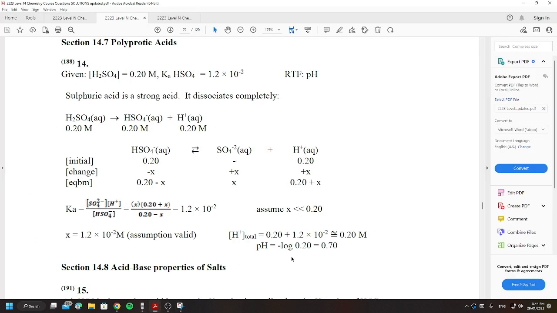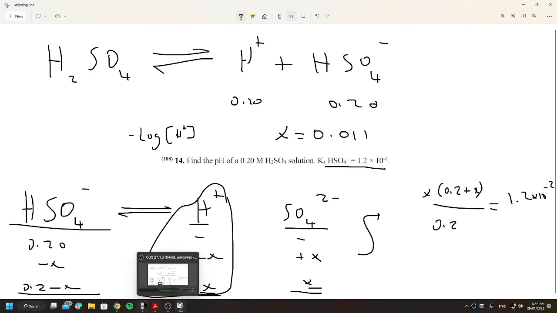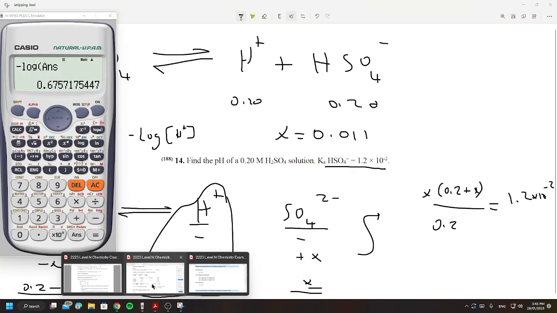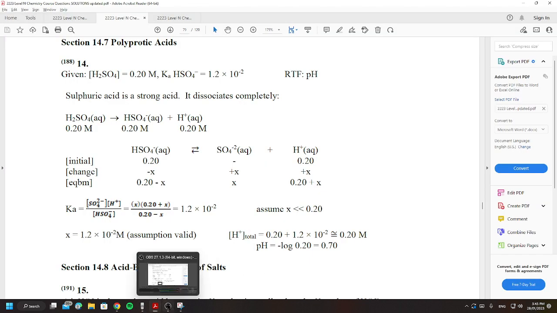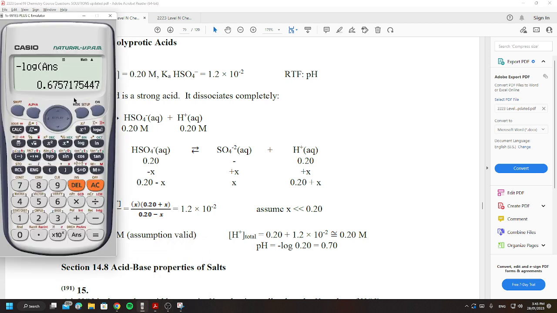Okay, we got a fairly similar answer. They did negative log 0.20. I did negative log 0.211.